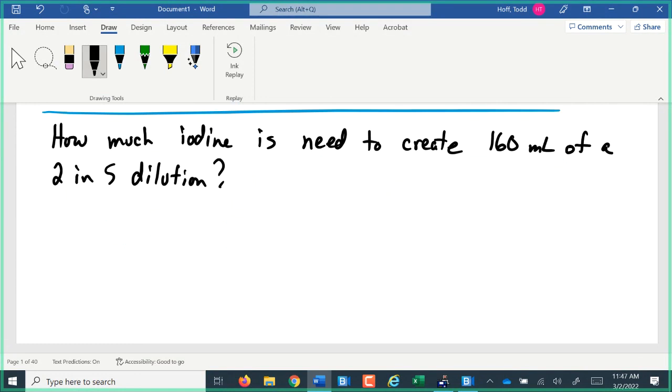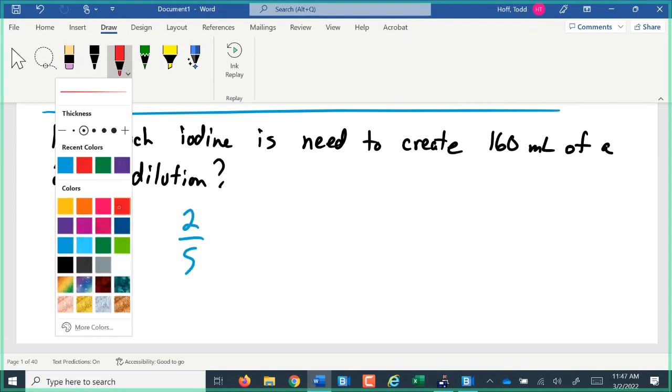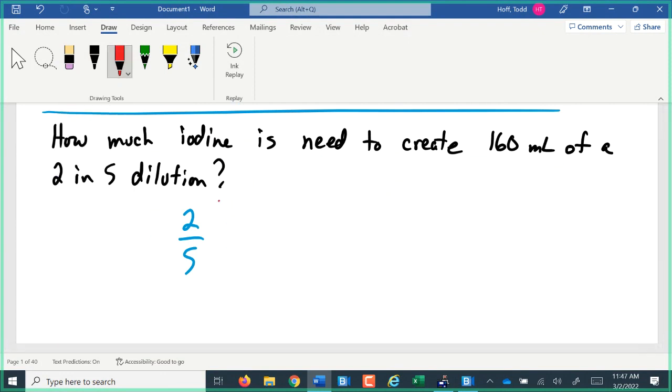So how much iodine is needed to create 160 milliliters of a 2 in 5 dilution? So again, our dilution is 2 to 5. And I always like to label what those numbers mean. So the 2 represents the parts of iodine. The 5 represents the total solution.